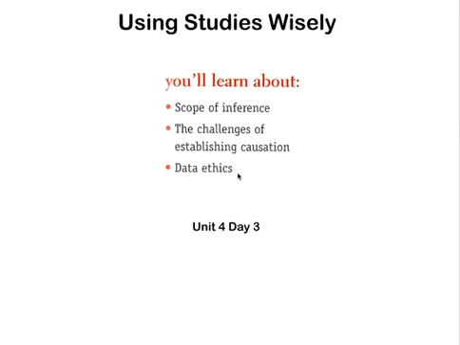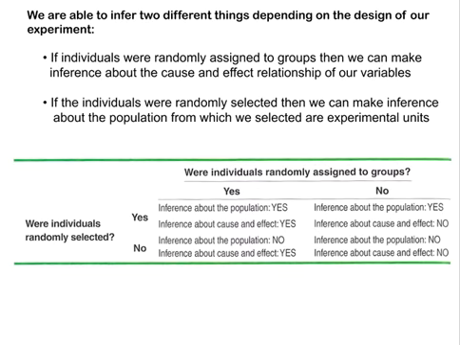So we could, in that case, safely conclude that sleep deprivation caused the decrease in performance. So that basically means that we can make an inference about cause and effect. However, since the experiment used volunteer subjects, this limits scientists' ability to generalize their findings to a larger population of individuals.